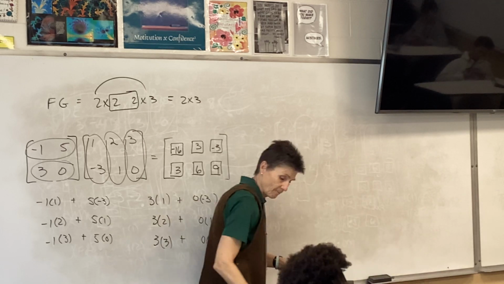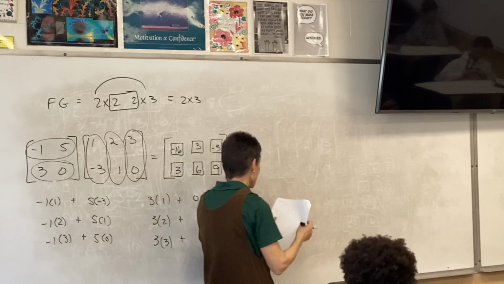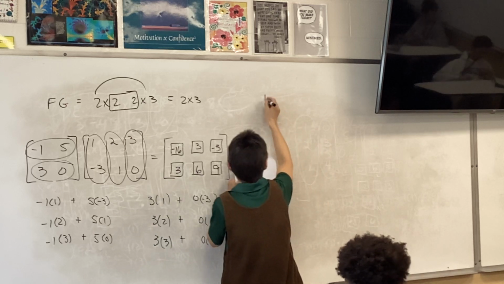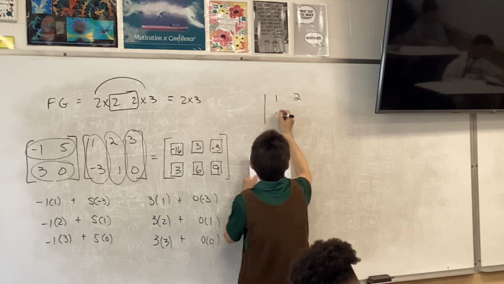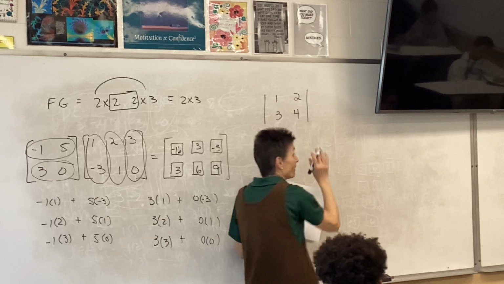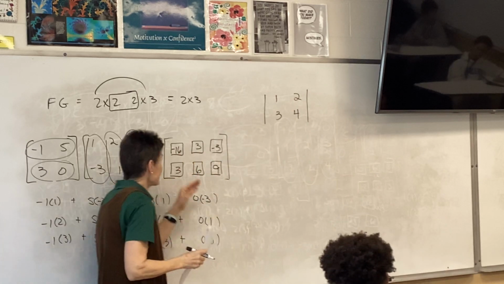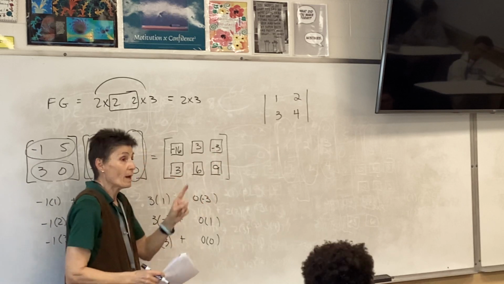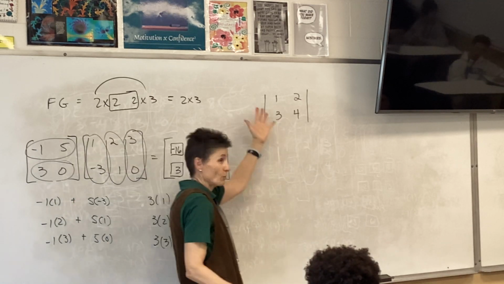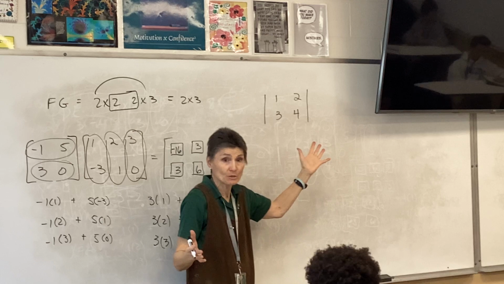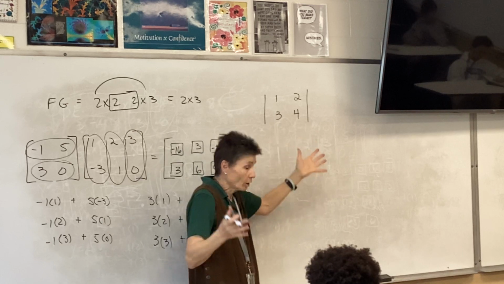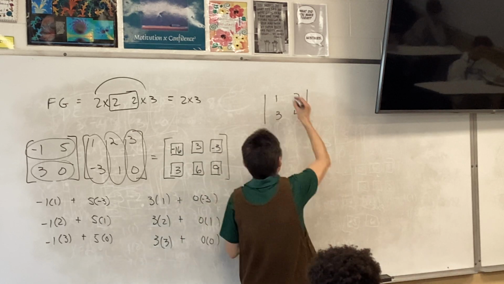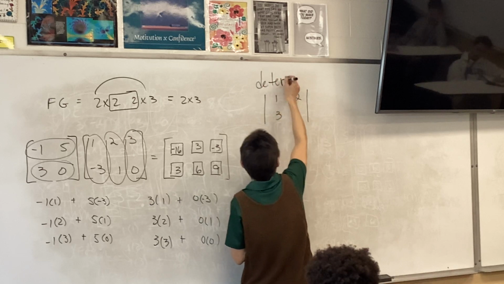What looks different about the way the problems in number 3 are written? They don't have a bracket. This is called a matrix, okay? When they're just vertical lines, it kind of looks like absolute value. When it looks like absolute value, it's what we call a determinant.